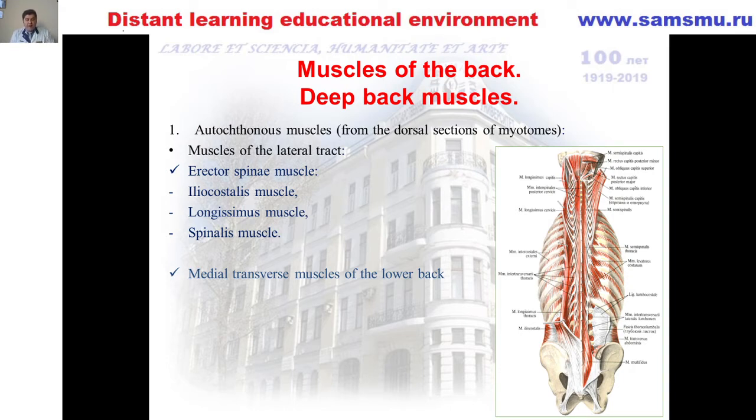It has 4 parts: lumbar, thoracic, cervicis, and capitis, and is inserted in the transverse processes of all the thoracic and upper cervical vertebrae, also to the ribs, 2nd to 12th, and the mastoid process of temporal bone, musculus longissimus capitis.